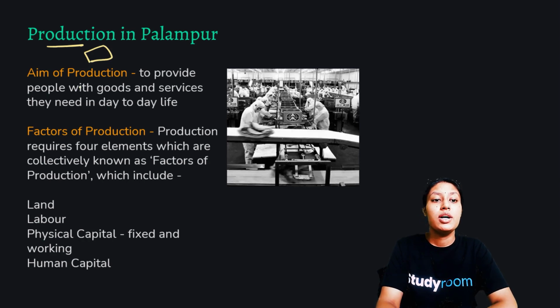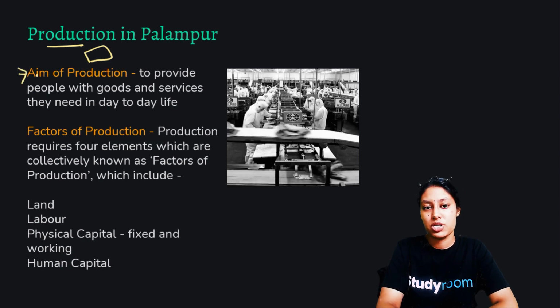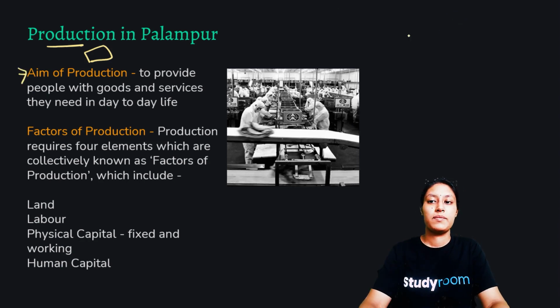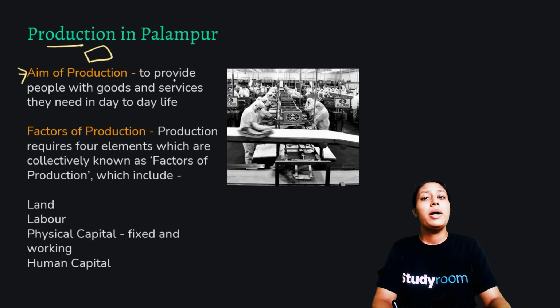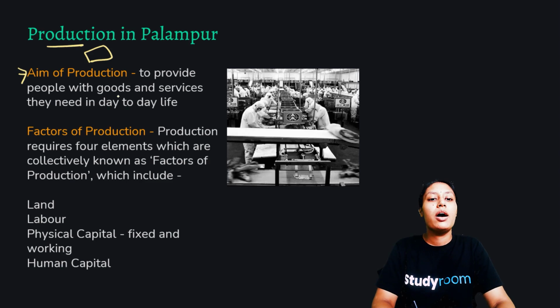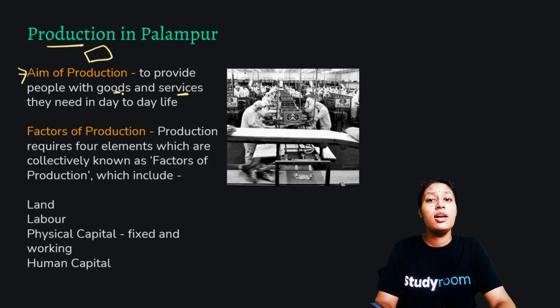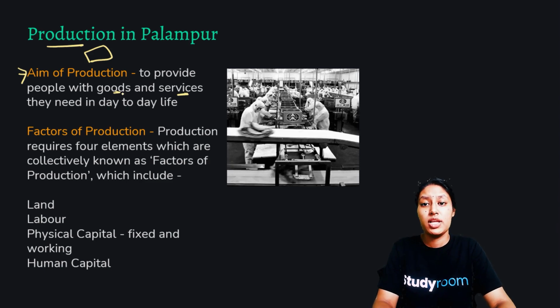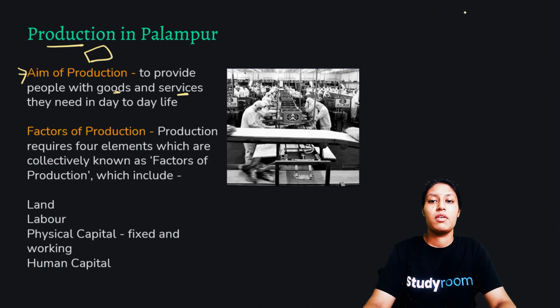First, we will understand the aim of production. Very basically, the aim of production is to provide people with goods and services. Today we are lucky to have so many products with us, be it in the form of milk, spices, and pulses. These are all production.